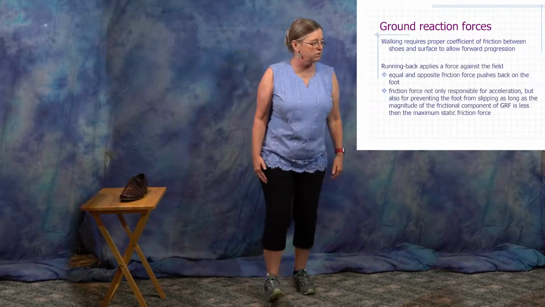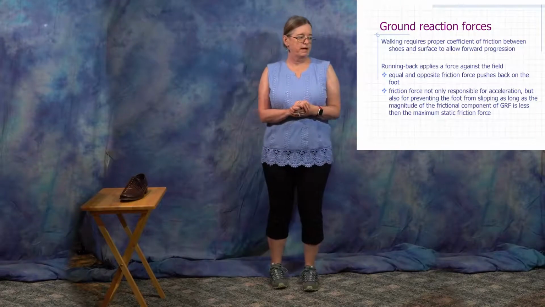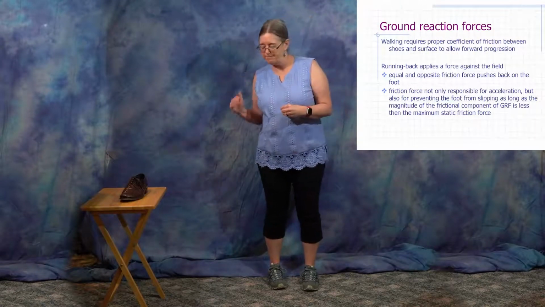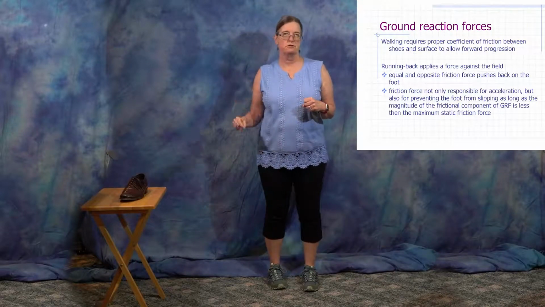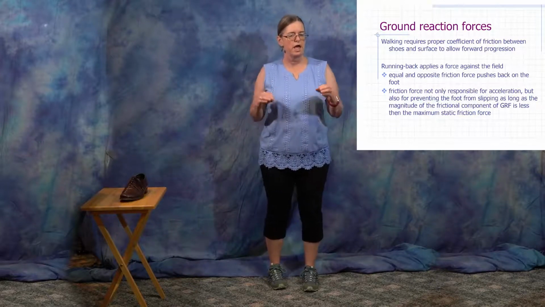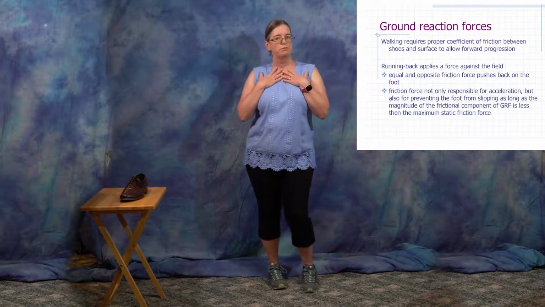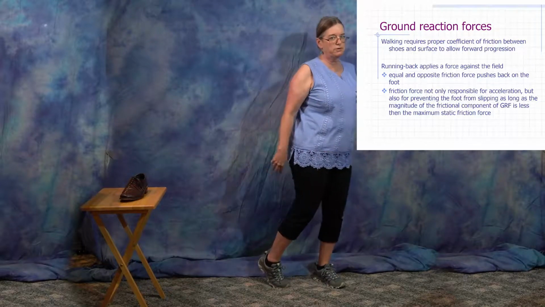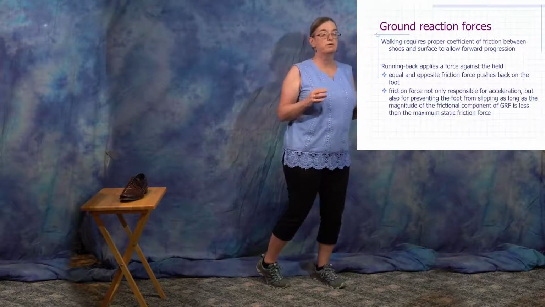So we need to have a proper coefficient of friction between the shoe and the surface in order to get forward progression. As the running back applies that force against the field, it will give an equal and opposite force back to the running back. Very important, Newton's third law. And for humans moving, it's not what we push on the ground with, it's not what we perceive we push on the ground with.